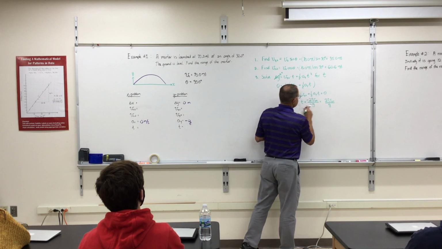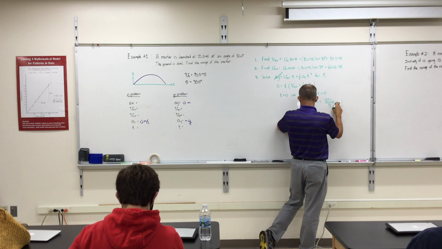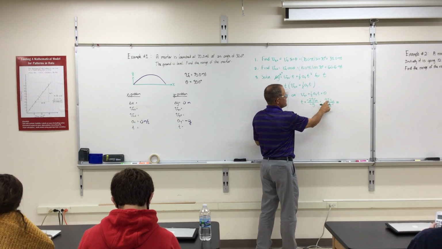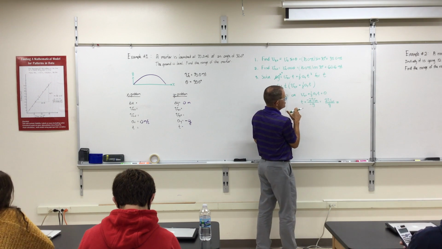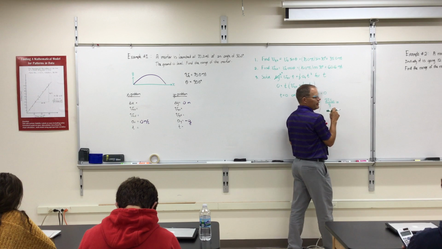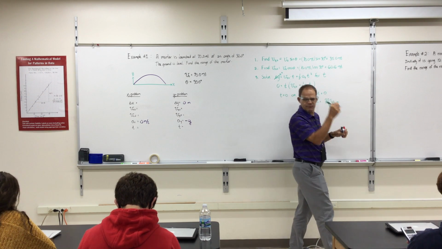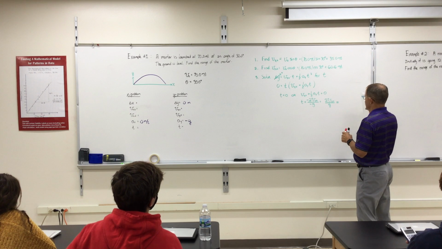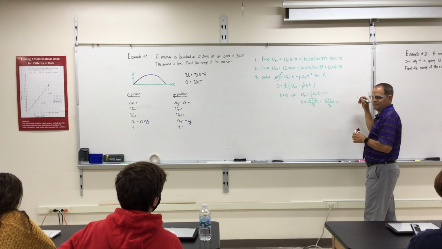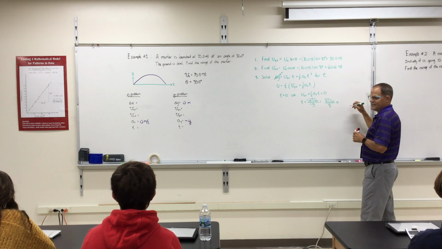All right, so let's plug this in. What do you get here? Take 2 times the velocity in the y direction initial, divided by g, and who have we not picked on yet? Jack! Come on, Jack, get your calculator. We're waiting on you now. You got it, Izzy? Try it.